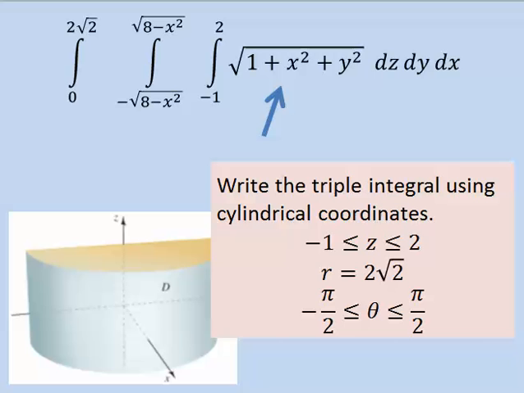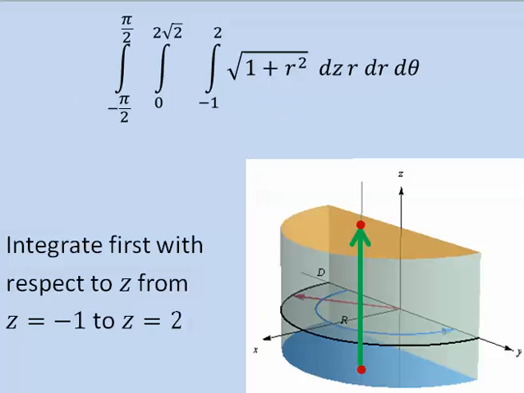Next, we need to think about our integrand, and we need to write that in terms of cylindrical coordinates as well. So I use the bounds given me, plus, instead of x squared plus y squared, I put in r squared.